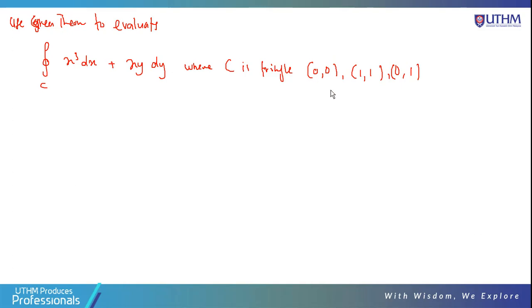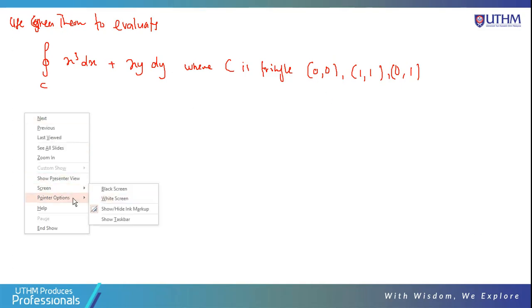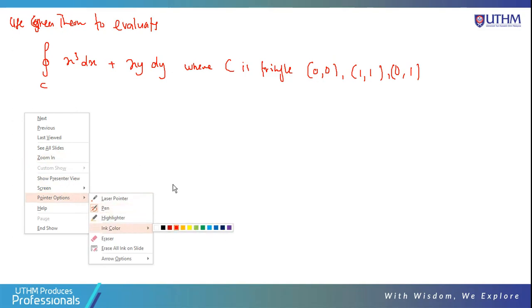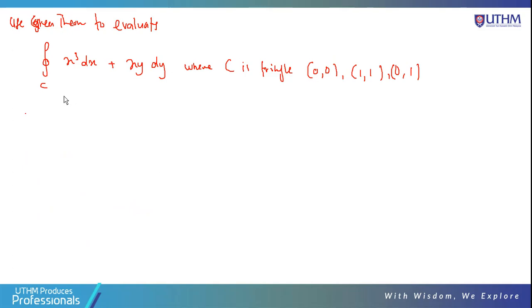So the formula is the double integral of partial N over partial x minus partial M over partial y. This is for the counterclockwise direction.